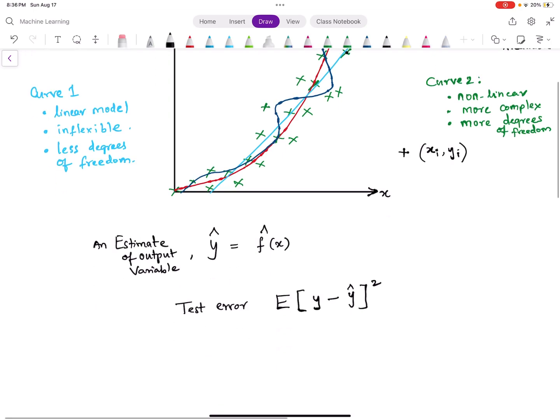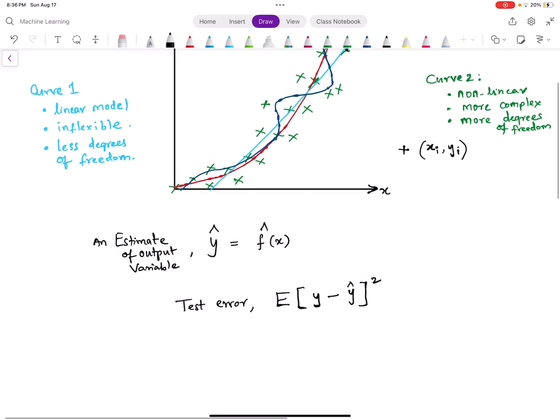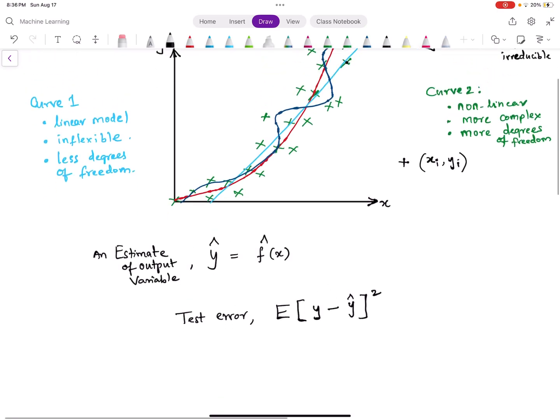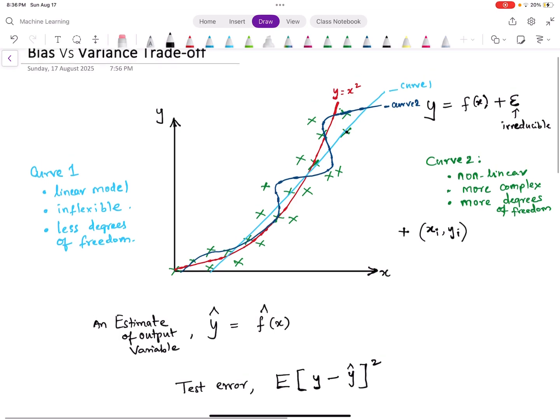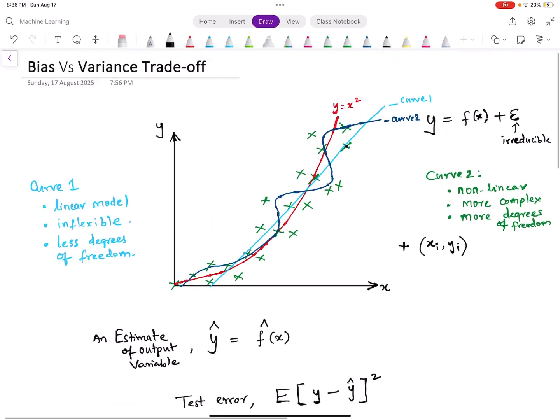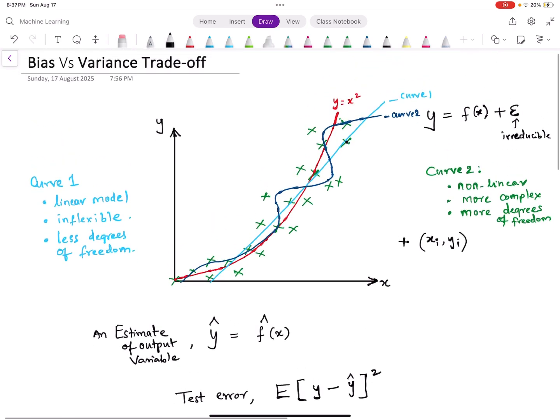The test error is defined as the expected or mean value of y minus y hat square, expectation of y minus y hat square. Obviously, the model that gives us the lowest test error is considered to be a better model.